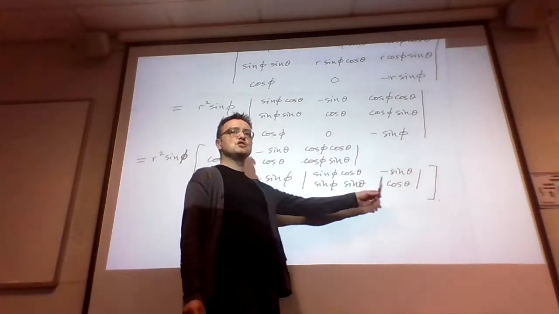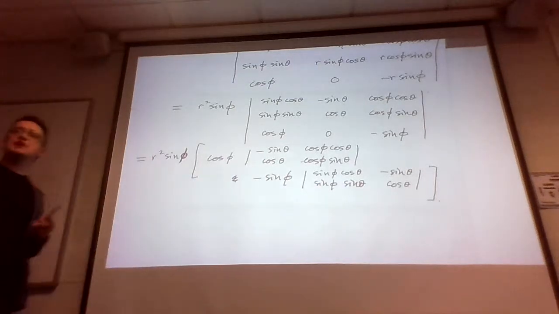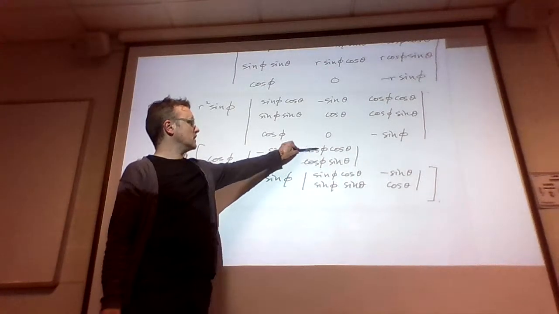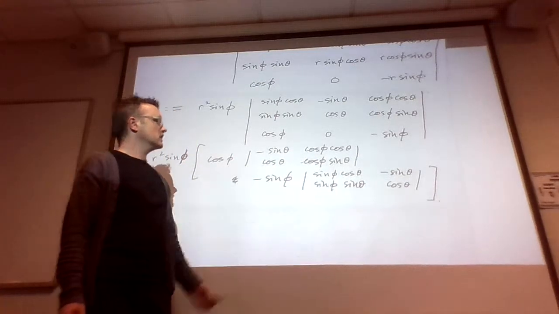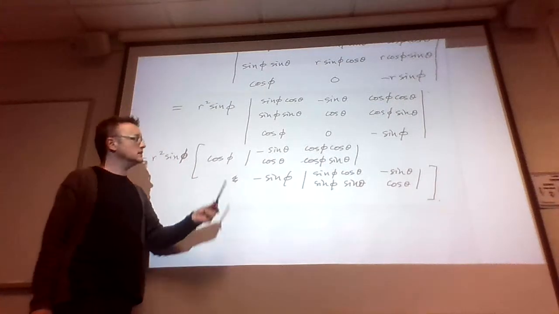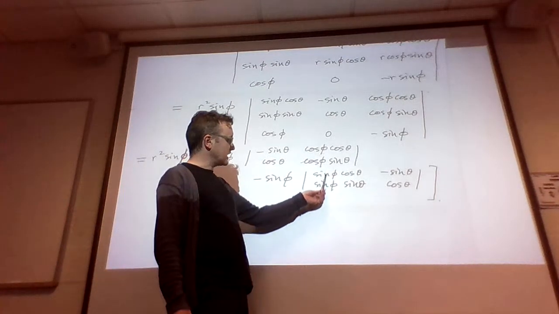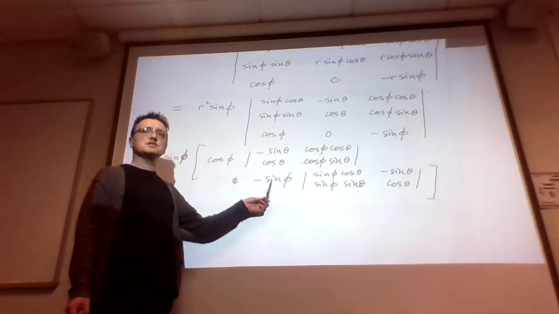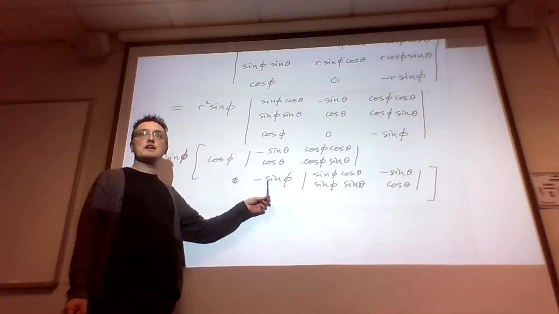Now in these 2 by 2 determinants that come out, we do see common factors. We see a common factor of cosine phi there in the second column, so that can be factored out. But that's interestingly going to give you cosine squared phi. There's a sine phi factor there in that first column. Well, that can be factored out to match with this one, which will turn that into sine squared of phi.